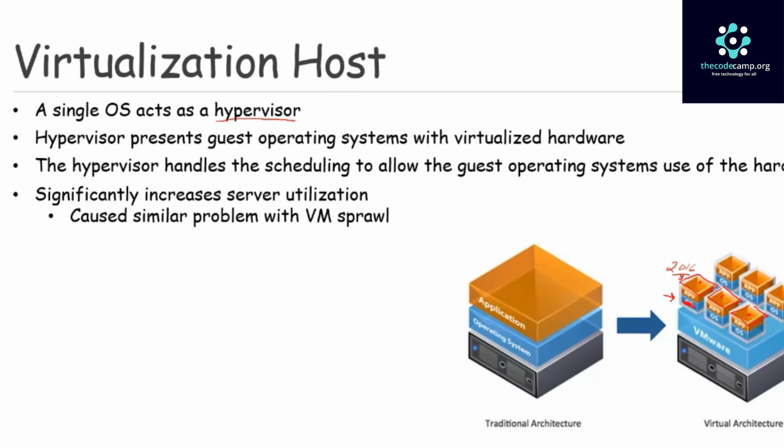It thinks that it has this physical hardware available to it, and it schedules its memory, handles its processor tasks and schedules the processor, and does all of the operating system tasks as it normally would. But what it is interacting with is actually this virtualized hardware, this virtual machine that the hypervisor is presenting to it.